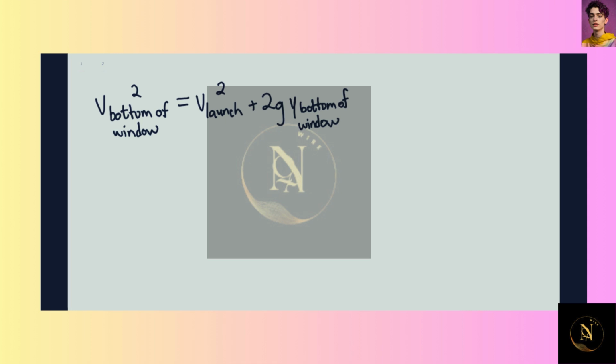And we can see that the velocity at launch is going to be equal to the square root of the velocity at the bottom of the window quantity squared, minus 2g times y at the bottom of the window.